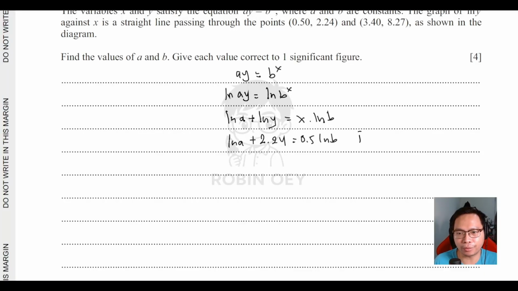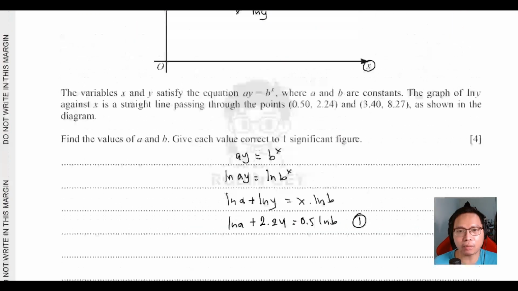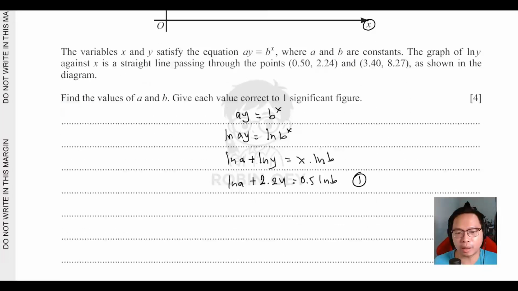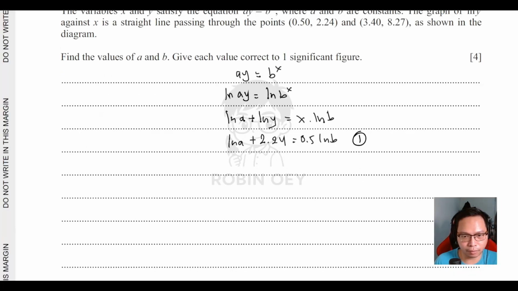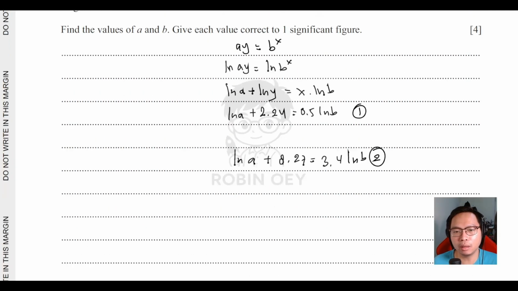This is our first equation. Our second equation would use 3.4 and 8.27. So we have ln a plus 8.27 equals 3.4 times ln b. Okay, so we have two equations already.